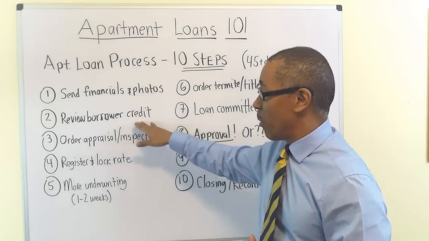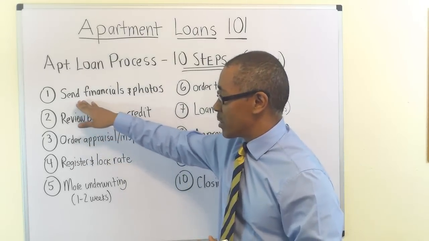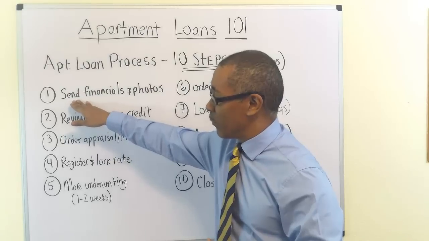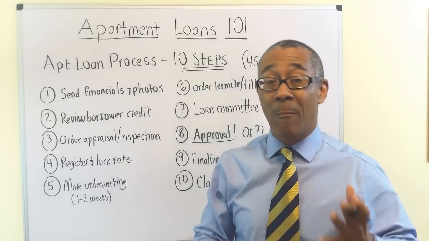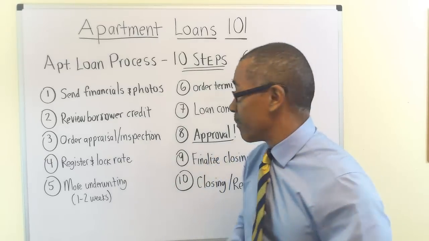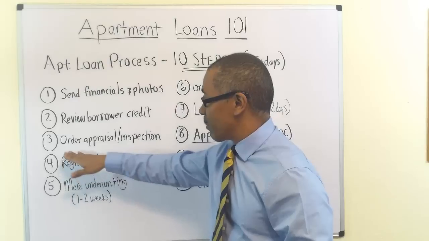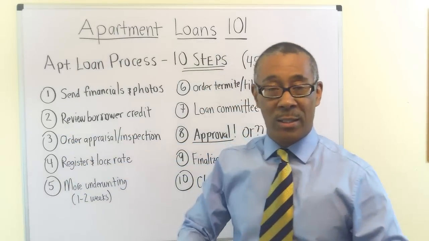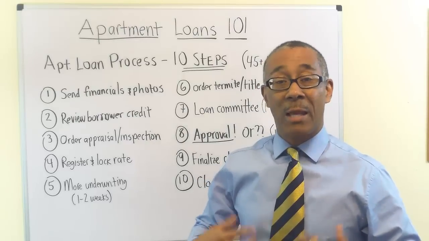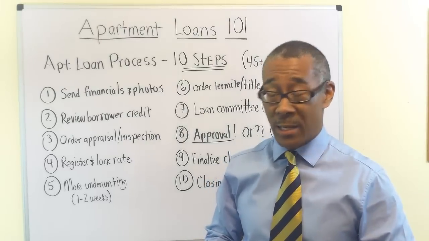At this point, they're going to do some pre-approval to make sure the property somewhat pre-qualifies. And then in step number three, if everything looks okay, they will send you the loan application to get that started.